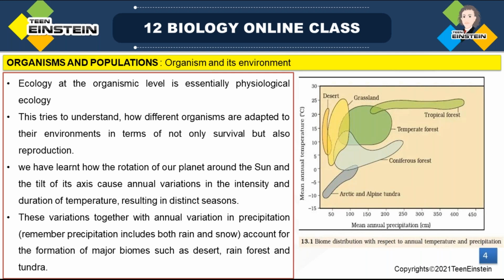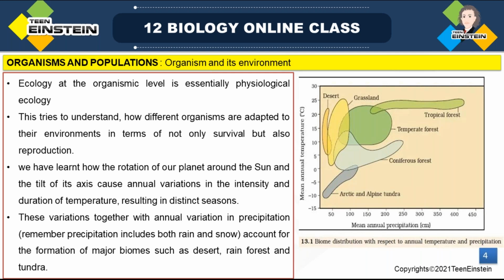Both rain and snow are included under precipitation. When we are calculating annual precipitation, both rainfall and snowfall will be considered. So in this world, there are 6 major biomes. Which are the 6 major biomes? Grassland. The temperature is around 0 to 25 degrees. It's a biome that shows the maximum range of annual temperature. Then tropical forest is there.